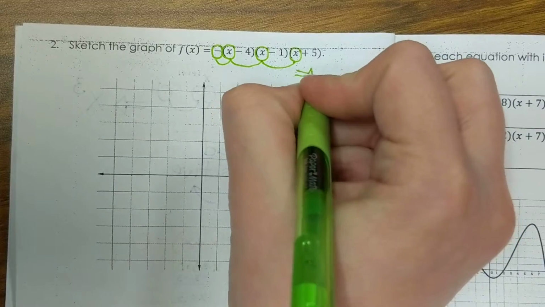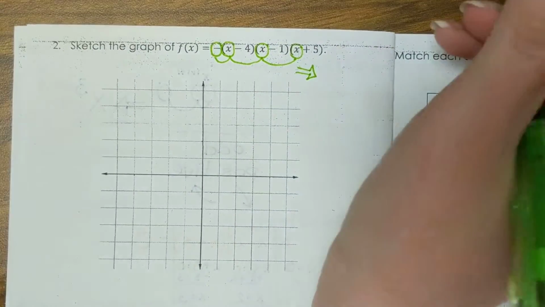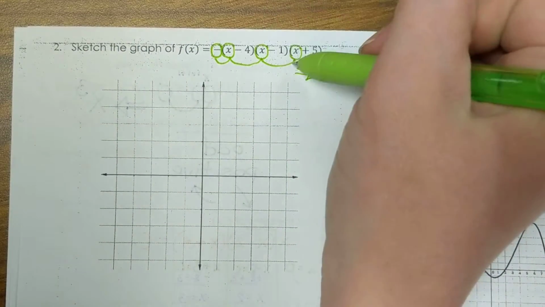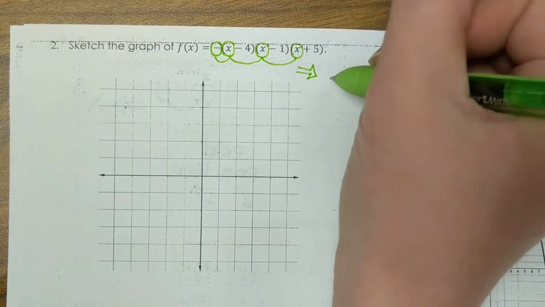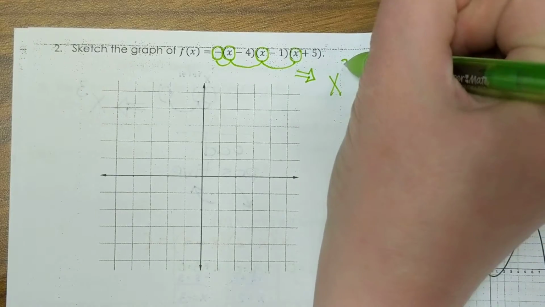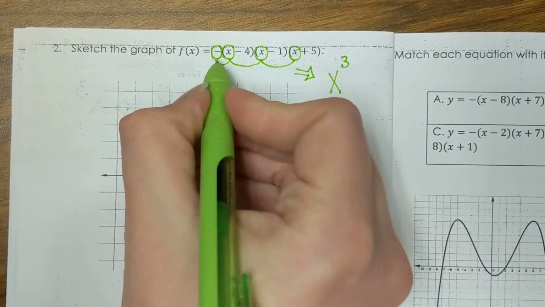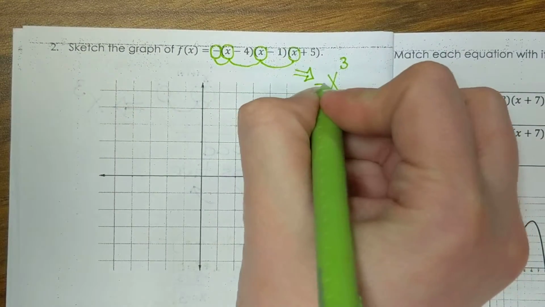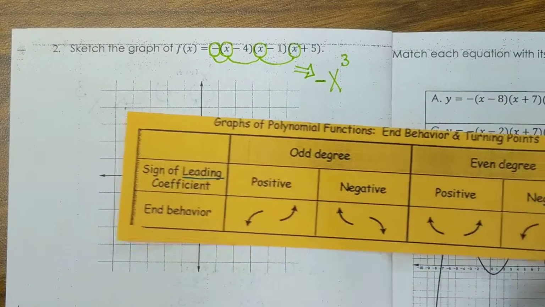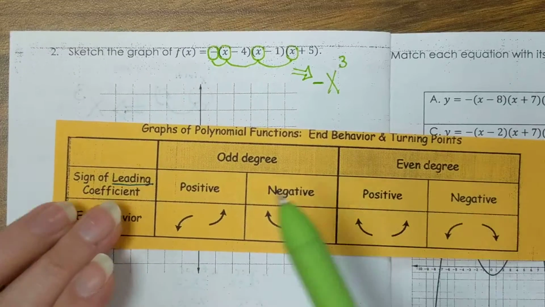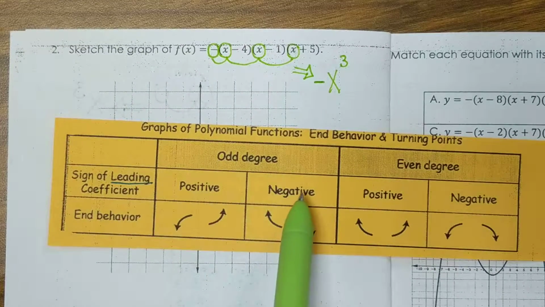So when you get all of that together, what's x times x times x? Or how many x's are there? Oh, 3. So that means you should have x cubed. And then wait a minute, we had a negative, so it's a negative x cubed. So again, from your cheat sheet, we have an odd degree that's negative.